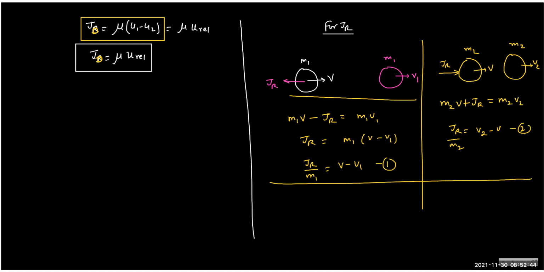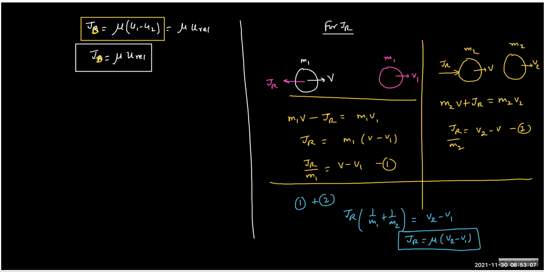And the next step, which is the obvious step, is adding 1 and 2. The moment you add 1 and 2, you can see J_R by M1 will be V2 minus V1, which simply means J_R equals mu times V2 minus V1. So now we can go back to the definition.